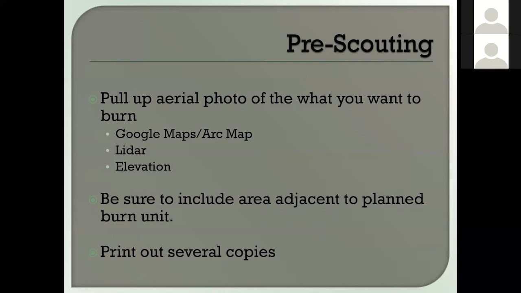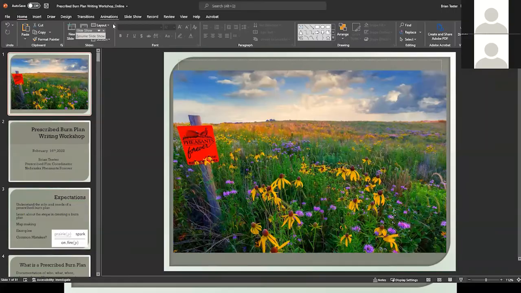But basically pulling up photos, be sure to include areas adjacent to that planned burn unit, just to have more perspective on what the surrounding landscape is, because as you remember, the state statute says you have to figure out what the surrounding adjacent vegetation is. So you'll want to put that on there, and then print out several copies as well to make extra notes on.